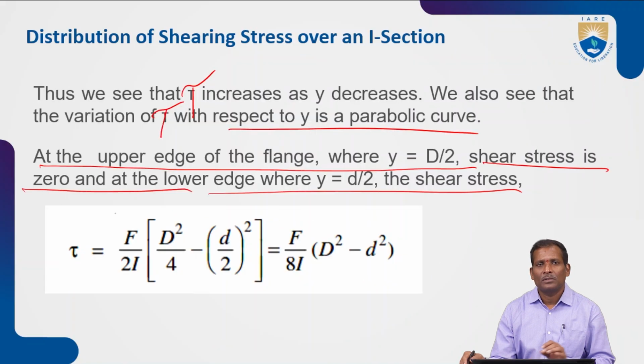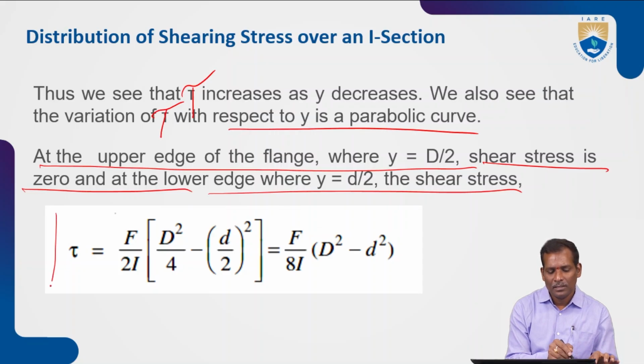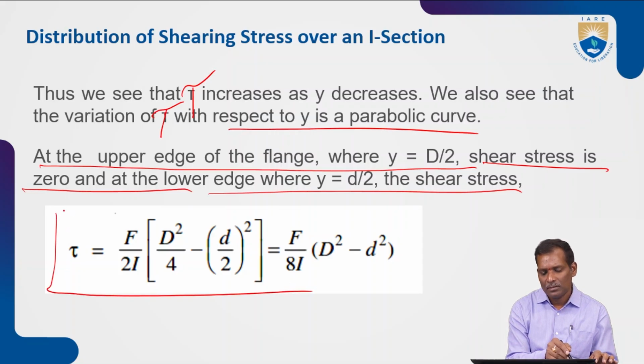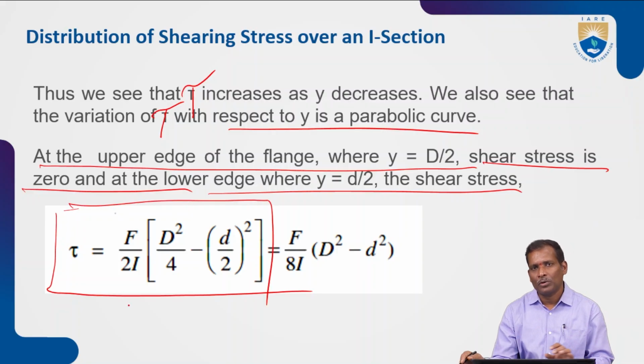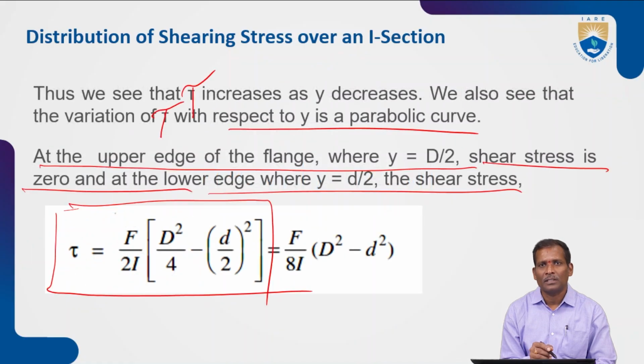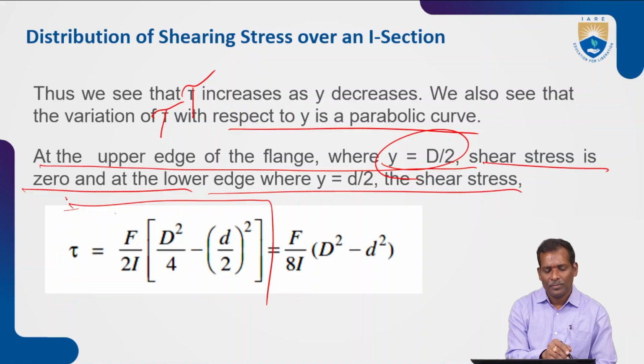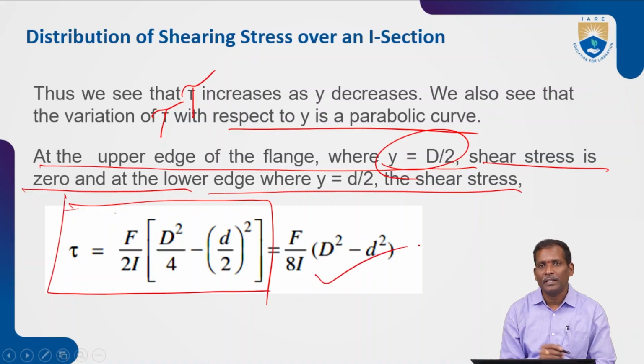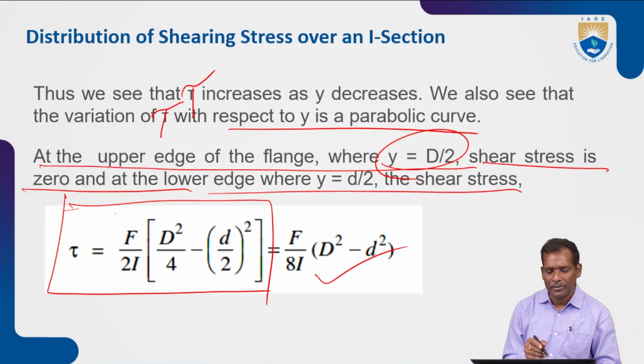So now the shear stress equation: F by 2I into D square by 4 minus small d by 2 whole square. The y value here, substitute small d by 2 whole square in the previous equation. So after simplification you will get F by 8I into D square minus small d square.